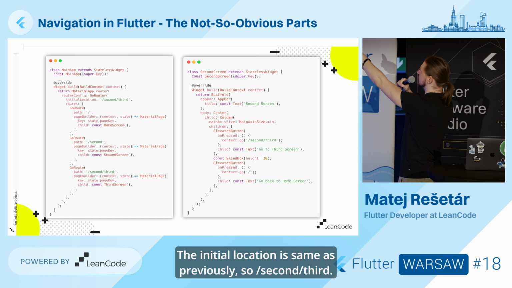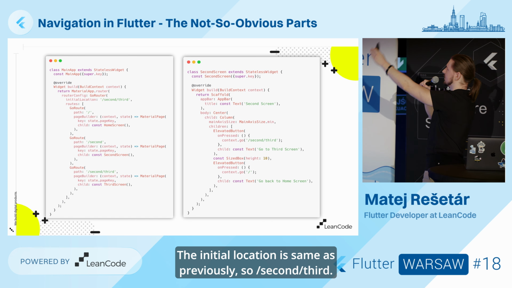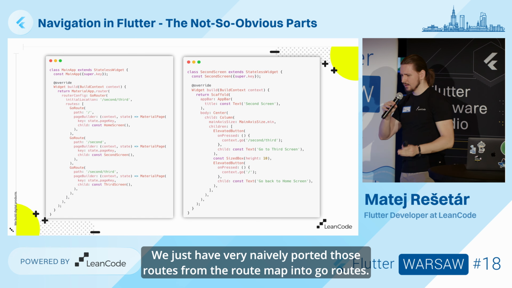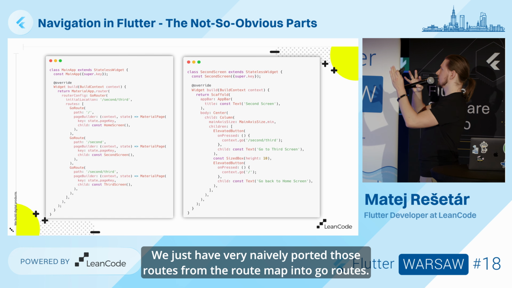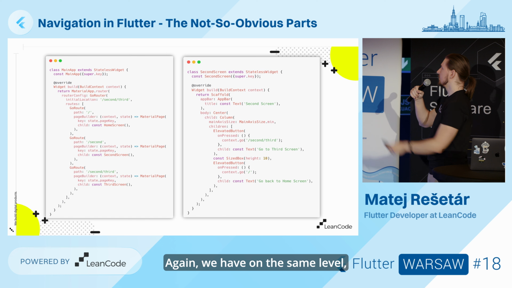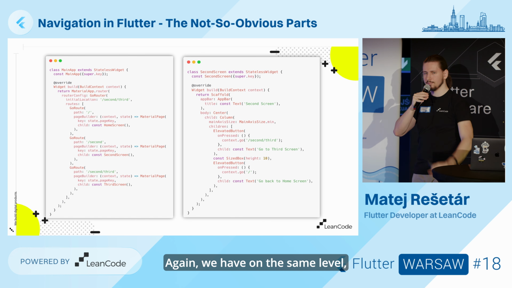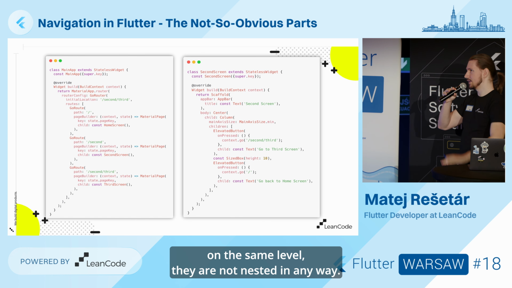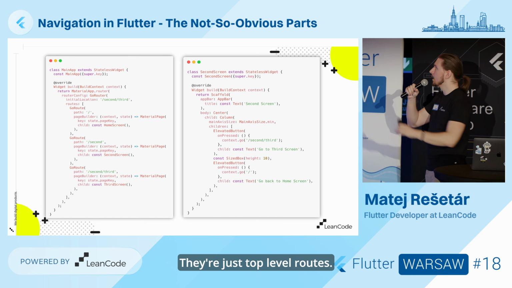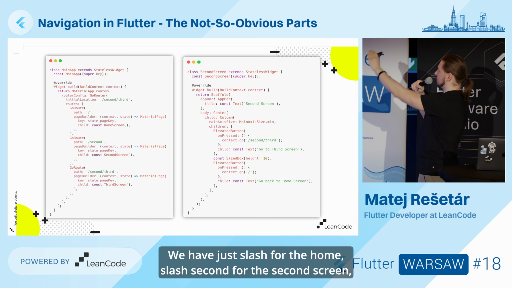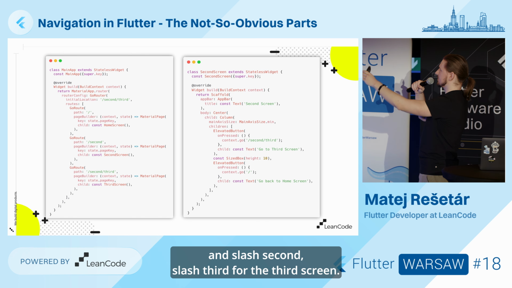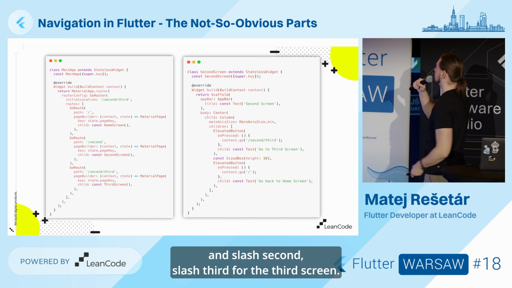The initial location is the same as previously, so /2/3. And we just have very naively ported those routes from the route map into GoRoutes. So again, they are on the same level, not nested in any way. They're just top level routes. We have just / for the home, /2 for the second screen, and /2/3 for the third screen.